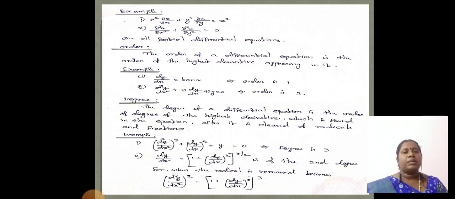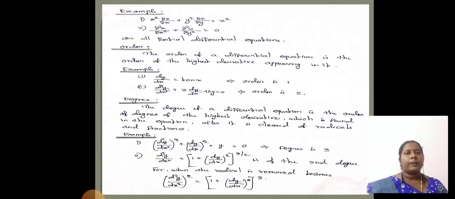Next, examples of partial differential equation: x square dou z by dou x plus y square dou z by dou y equal to z square. Clearly, you can see there are two independent variables x and y and two differential coefficients dou z by dou x and dou z by dou y. So, this is an example for partial differential equation.